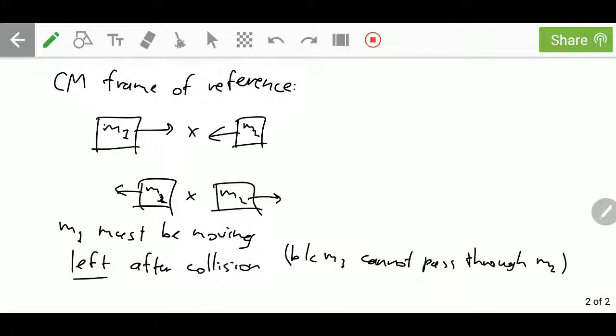And thus, we know that the speed of m1 must always be less than or equal to the center of mass speed. So we know that v1 is less than or equal to the center of mass speed, and really, equality would occur if m2 had no mass at all, meaning that m1 was basically not colliding with anything.